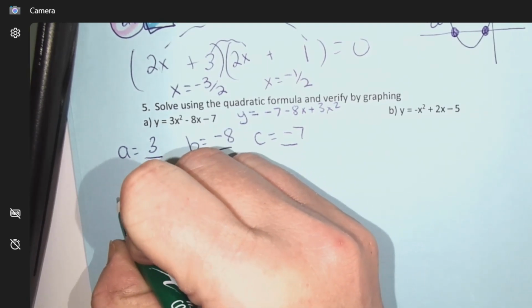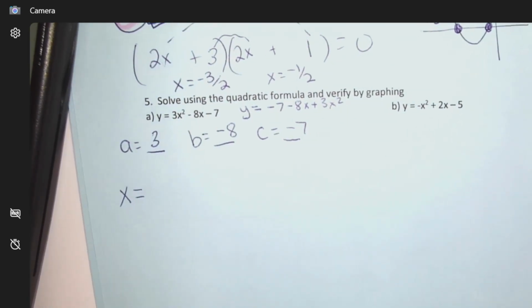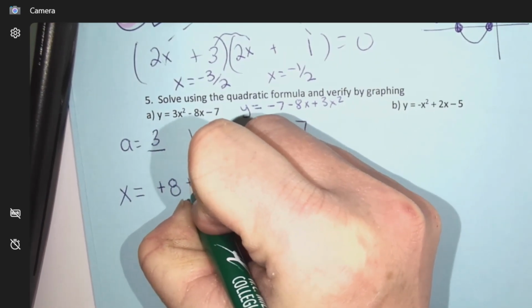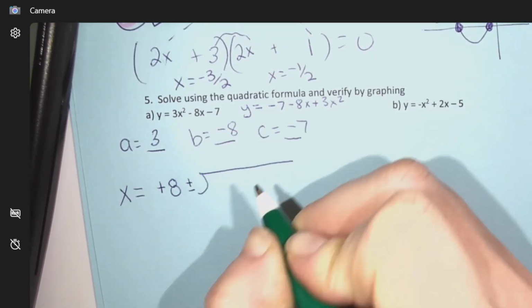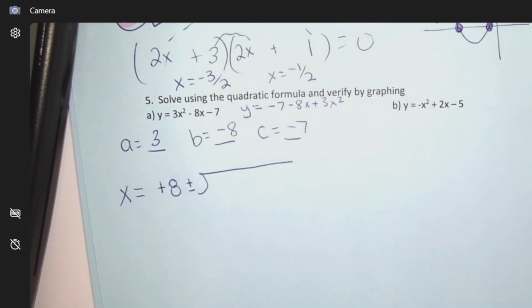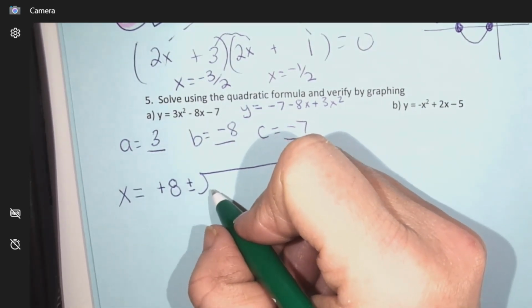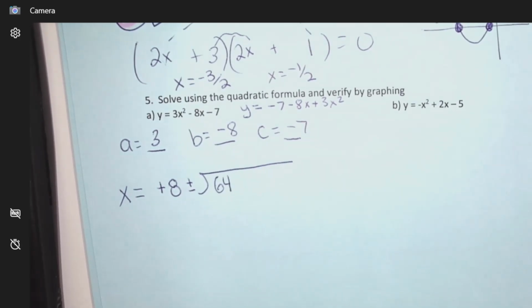Okay, here we go. X equals opposite B. So this is going to be +8. What do you get if you square anything? What's the result? Positive. So I guess besides 0, but so this is going to be +64.